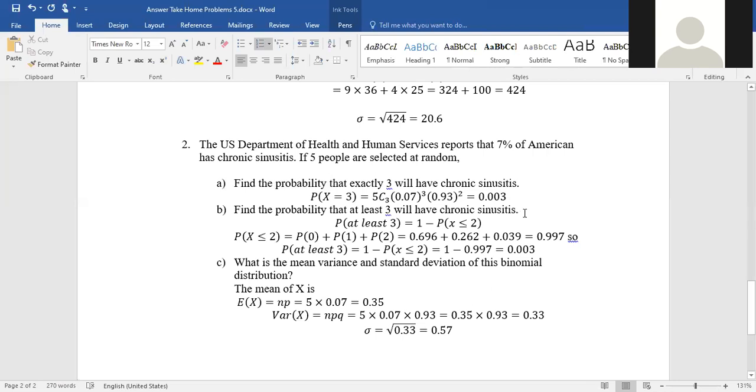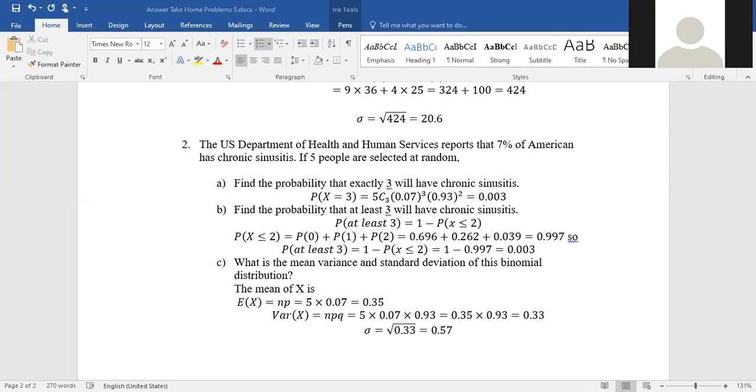Let me look at the binomial calculator because you might see it as easier. I've already searched for it, so it is easy for me to get. The first one, binomial probability distribution, comes up.